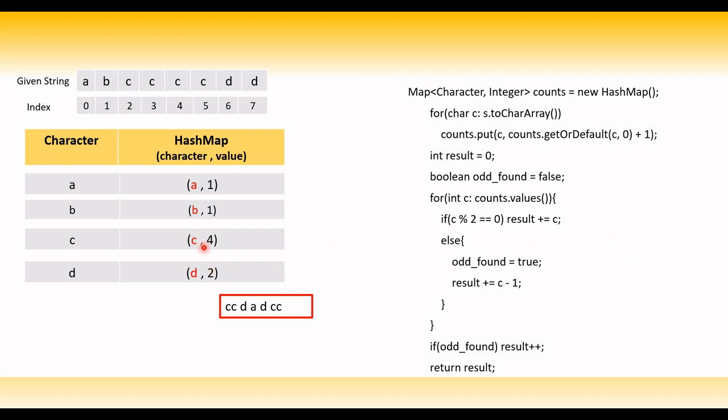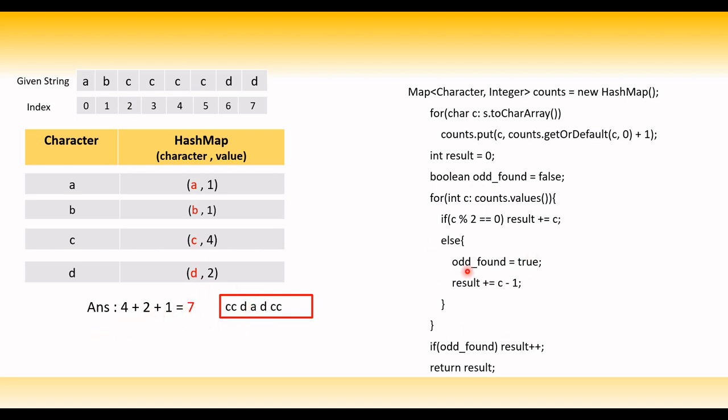So the answer for this will be 2 C's on the left, 2 C's on the right, D will be 2, so D 1 left, 1 right, and then since both A and B are occurring only once, either A or B can be inserted. In this case I am inserting A, and now we can count the total length of this palindrome. So C will be 4, D will be 2, and A or B will be 1.